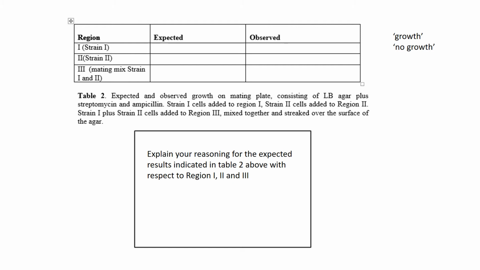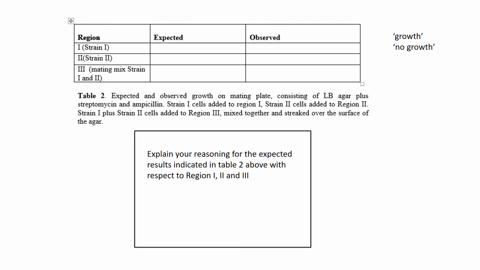In the box below, you should explain your reasoning for the expected results indicated in Table 2 with respect to regions 1, 2, and 3. For example, if you state that no growth is expected in region 1, in this box you should explain why.